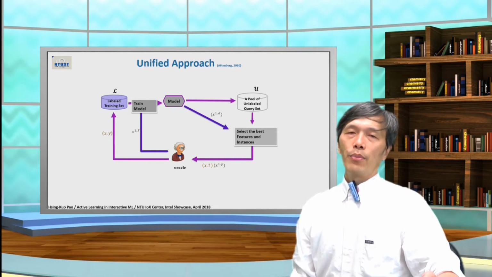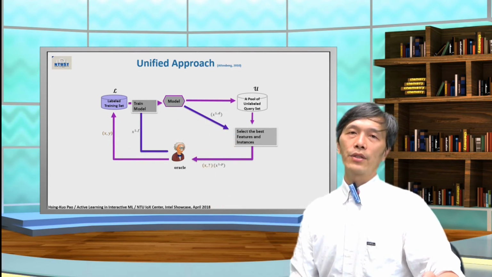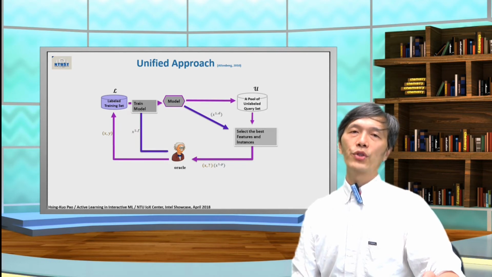So we have proposed a unified approach so that the input data, either instances or features, can all be taken into consideration in a unified formulation. By this unified measure, we can say that at some particular moment we want to label an instance or label a feature.